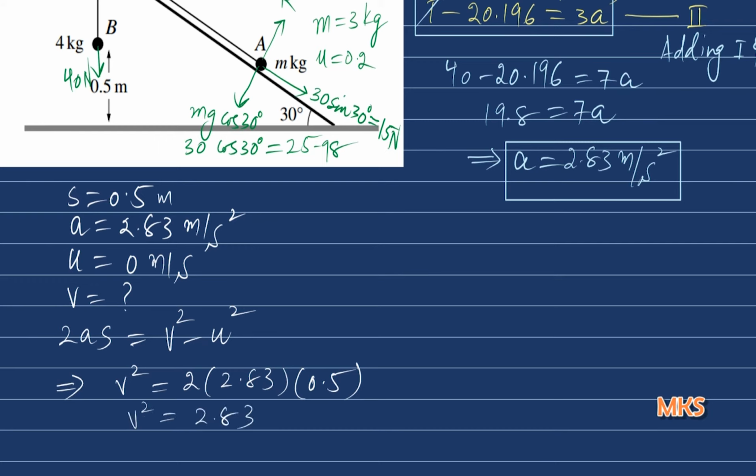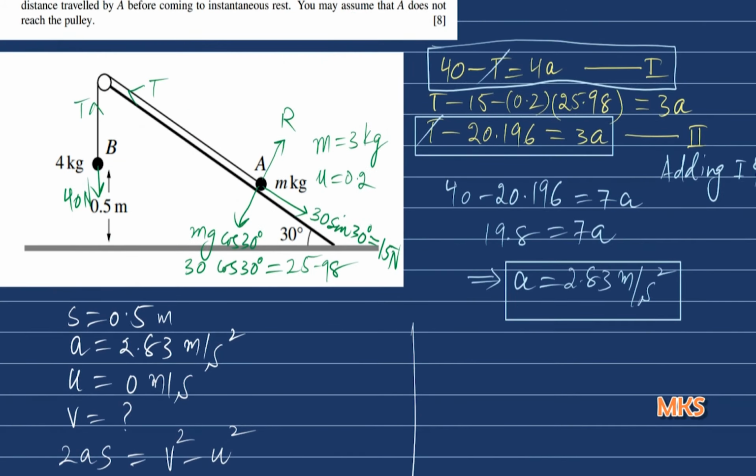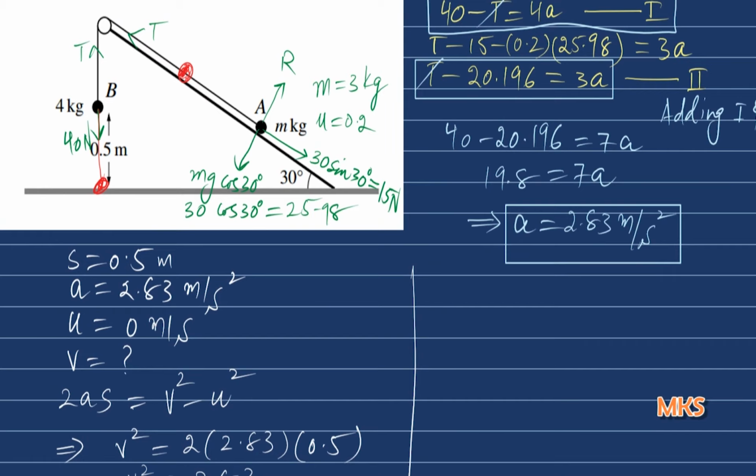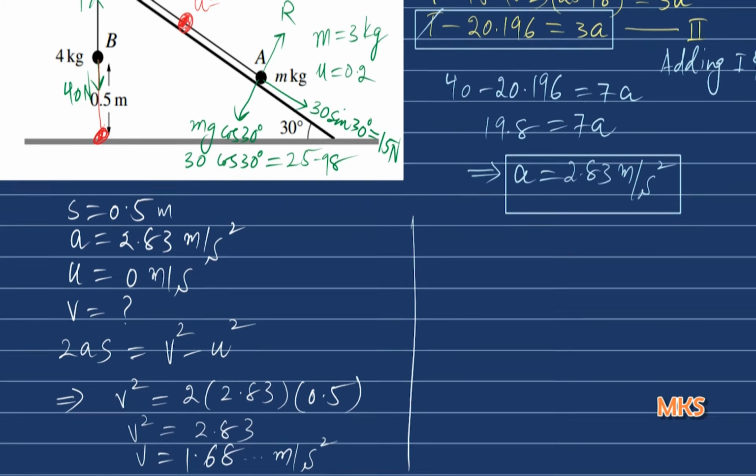The square root of 2.83 is 1.68226. So it will be 1.68 correct to three significant figures. So once B has arrived at the ground, and say this is here, the velocity we have just calculated, 1.68, will become u here.